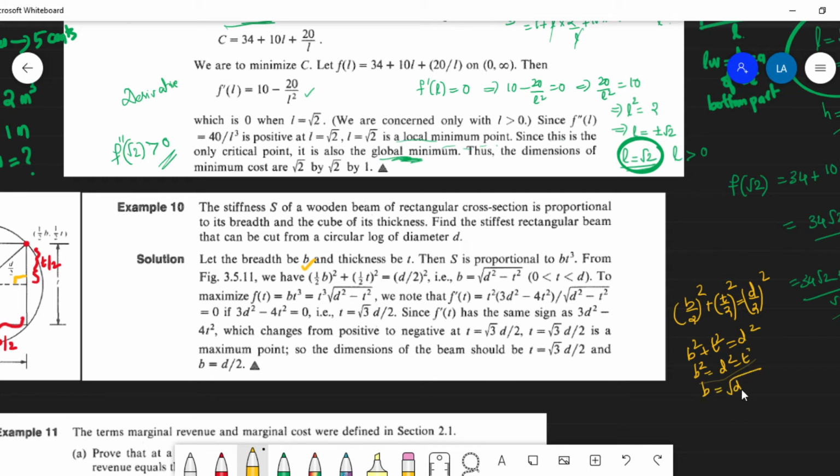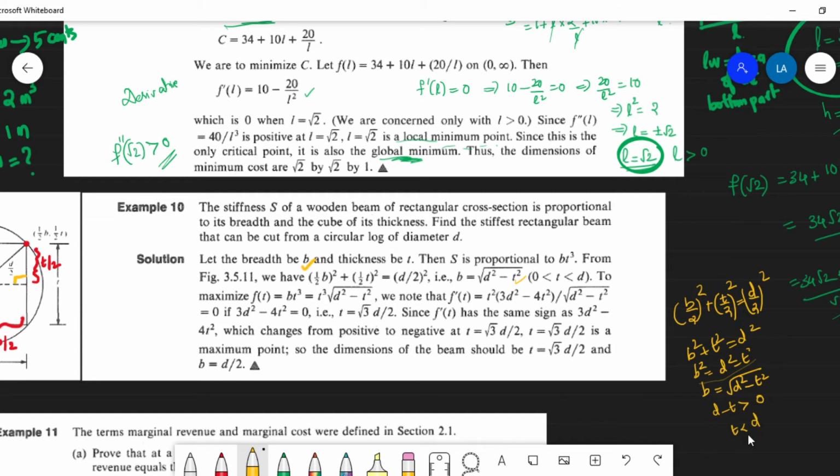That is written here. And definitely t should be coming inside 0 and d, because this should be a positive number that is coming inside the square root. So since d square minus t square is strictly greater than 0, you will have t strictly less than d, right?